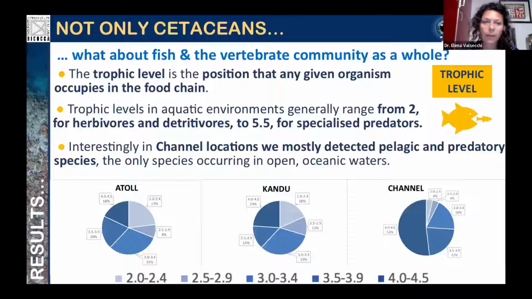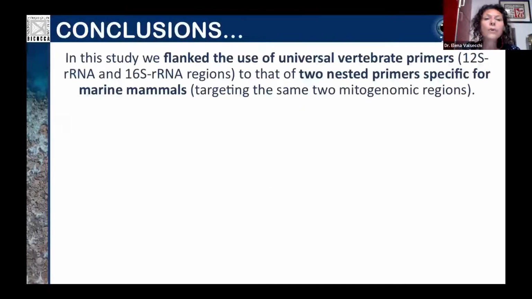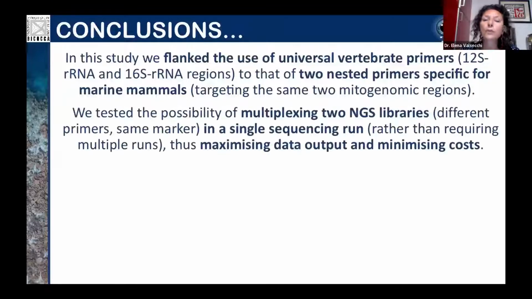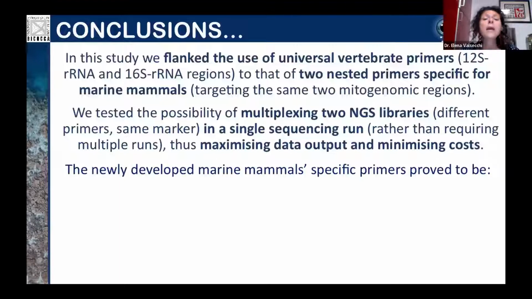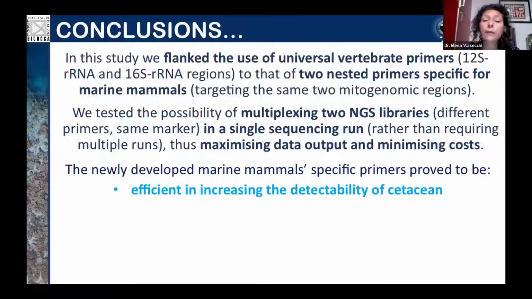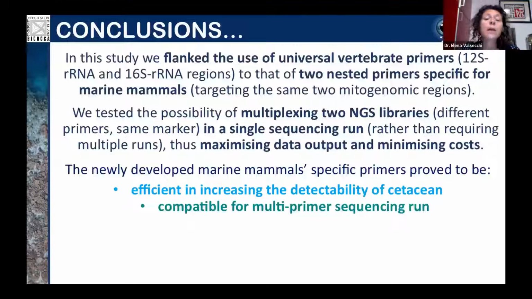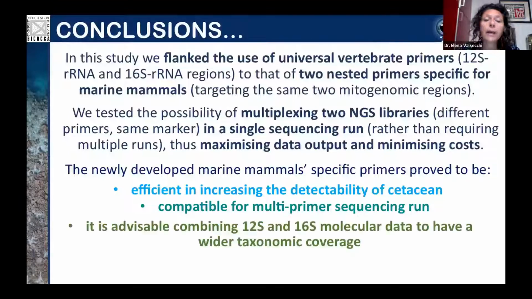So in conclusion, in this study we flanked the use of universal vertebrate primers with 2 nested primers specific for marine mammals, and we tested their ability to be multiplexed in a single next generation sequencing run. The newly developed marine mammal specific primers proved to be efficient in increasing the detectability of cetaceans, and they proved to be compatible for multiplexing.